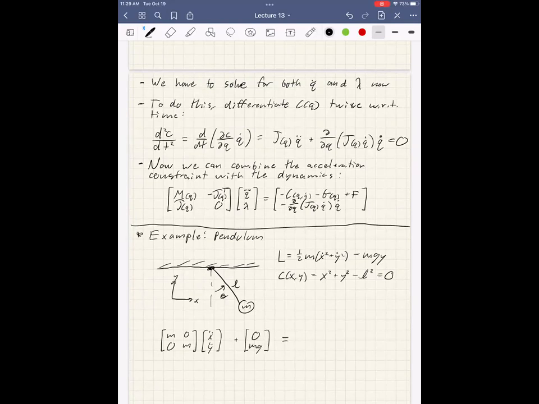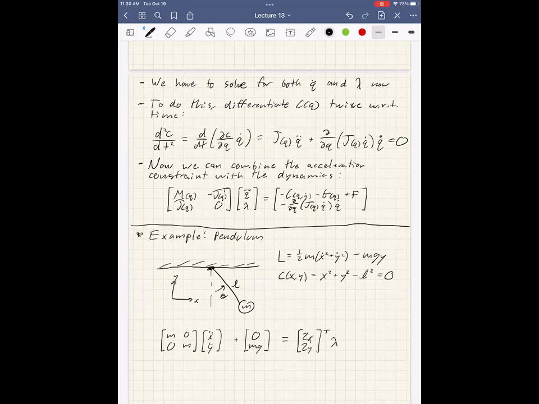And then my constraint term, J transpose lambda, where J is partial C partial Q. Here it's the partial with respect to x and to y, that's 2x and 2y. So that's J transpose lambda.